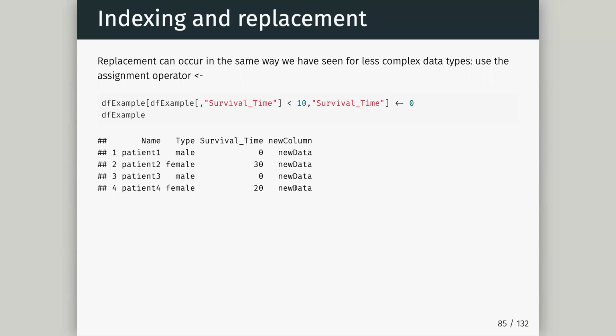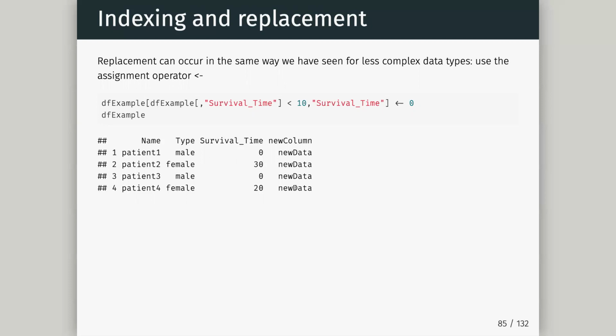So we can also do replacement, as we've done for the less complex data types. So in here, if your survival time is less than 10, I'm going to find the column values for survival time which are less than 10. I'm going to use that to subset my rows and look in the survival time column.